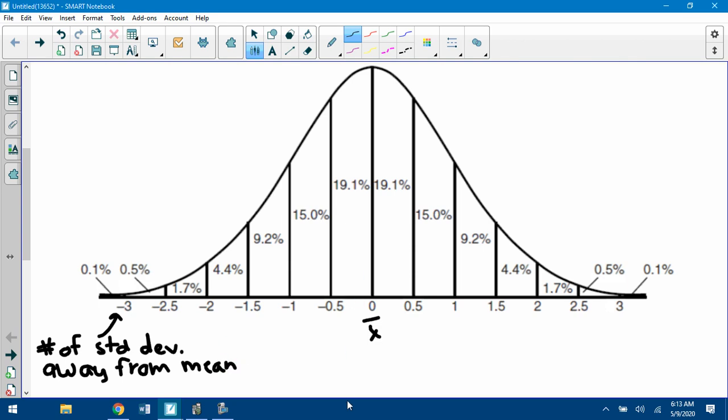If I wanted to know where one standard deviation below was, that's this spot right here. This is x bar minus 1 standard deviation, and similarly, this is x bar plus 1 standard deviation.